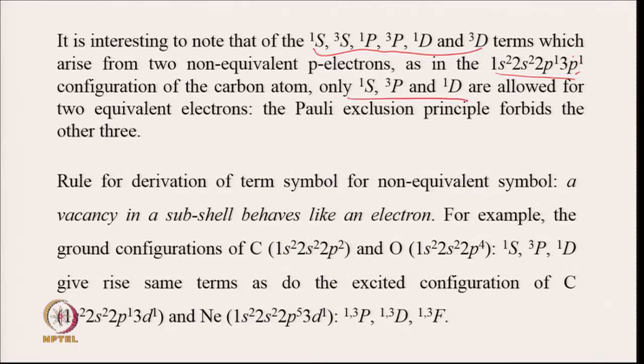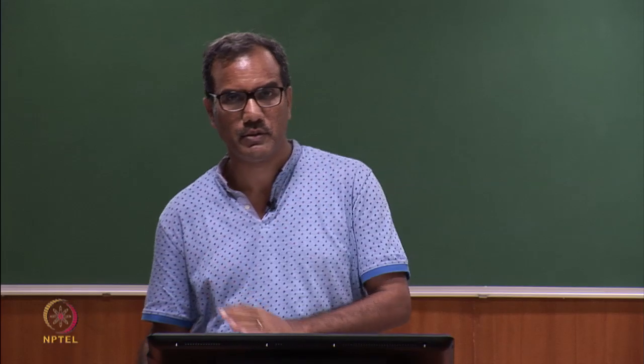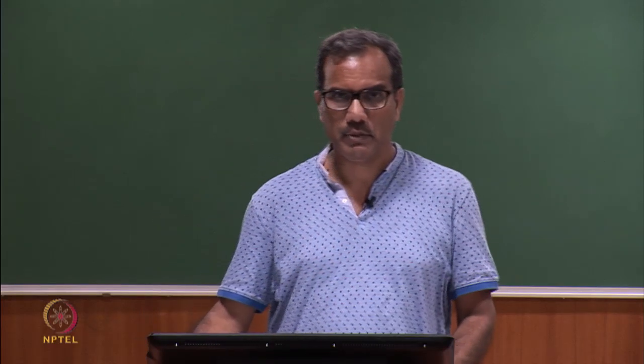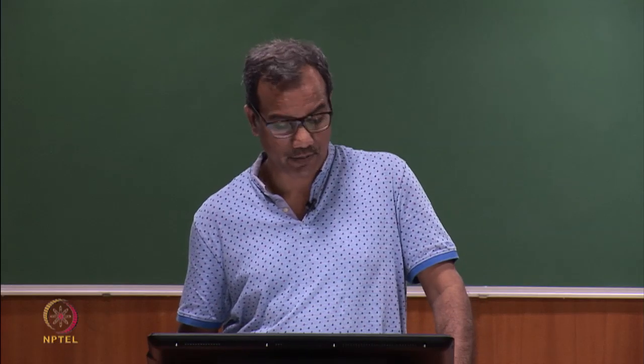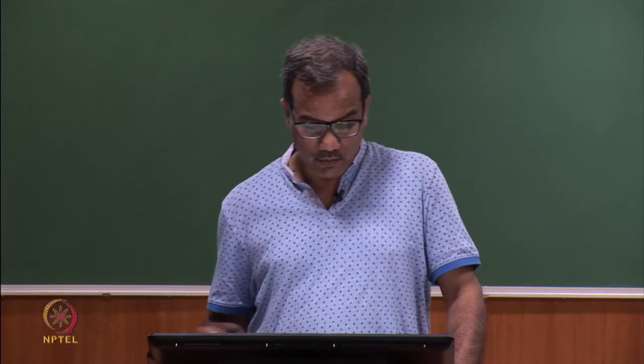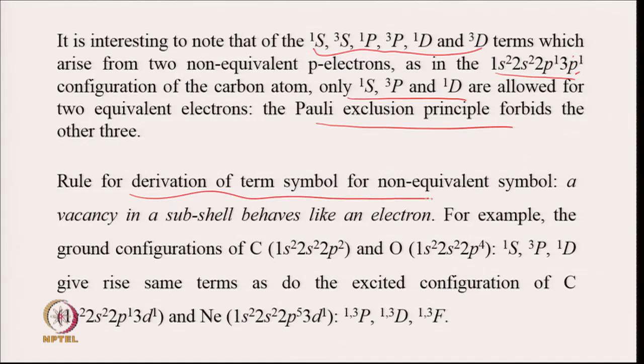Only 1S, 3P and 1D are allowed for two equivalent electrons. So, what happens to the other 3? They are forbidden by the Pauli exclusion principle.